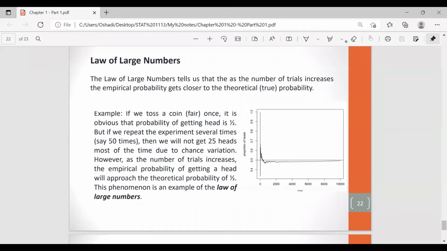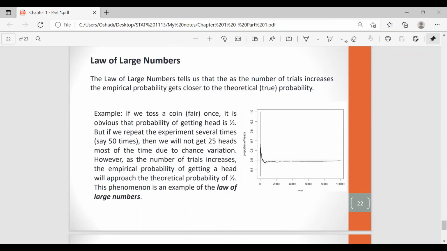We can't say that 25 are heads and 25 are tails, or exactly half of the trials having heads. But as the number of trials increases, the empirical probability of getting head will approach the theoretical probability of half.